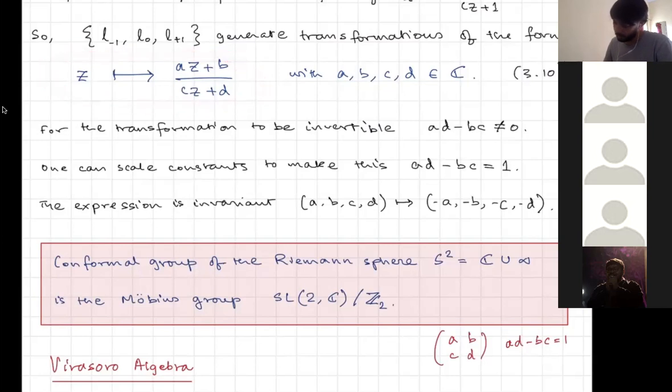So this is also called the Mobius group, and this is going to be the conformal group in d equal to 2.